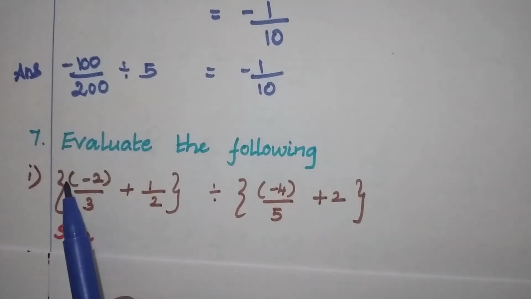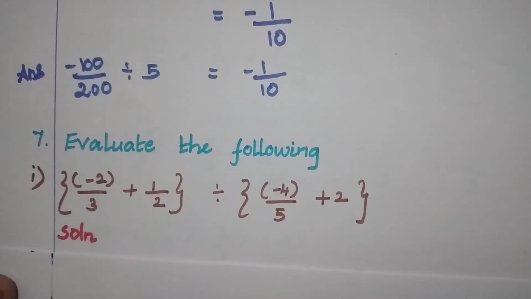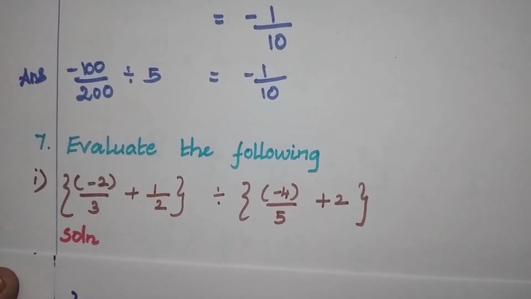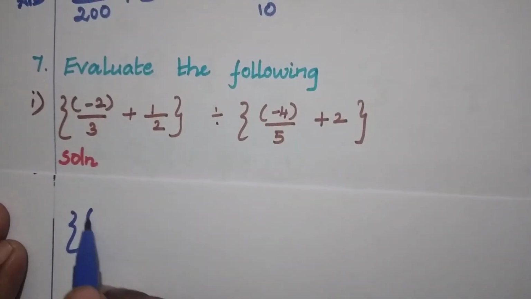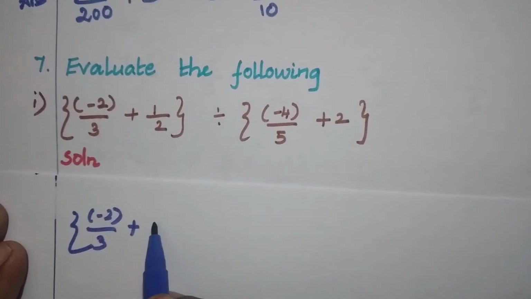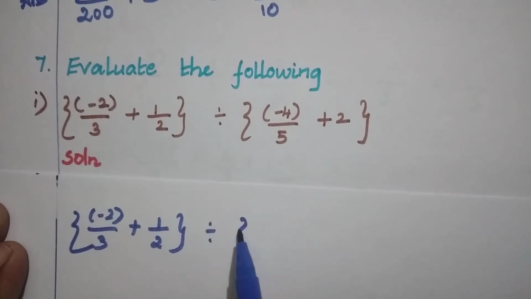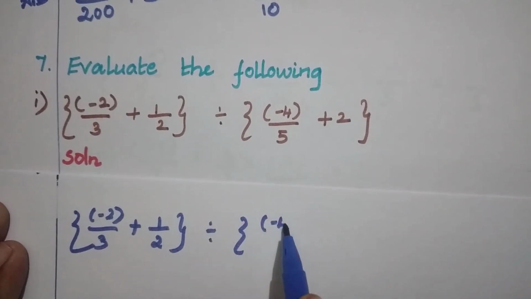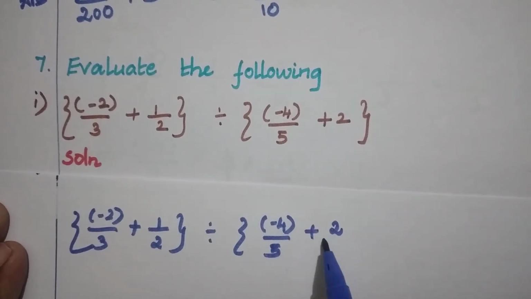The seventh question, evaluate the following. This is minus 2 by 3 plus 1 by 2 the whole divided by minus 4 by 5 plus 2 by 1.